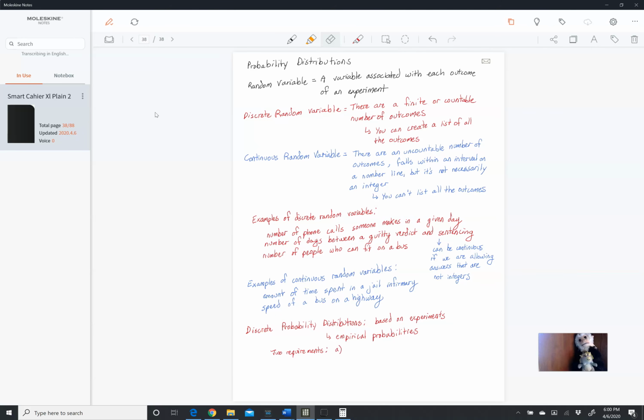So the first thing is the probability of each variable happening. And remember, we're talking about random variables, which is the same as outcome. So that's why we can use these words almost interchangeably.